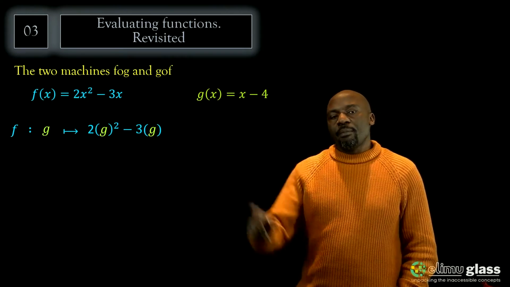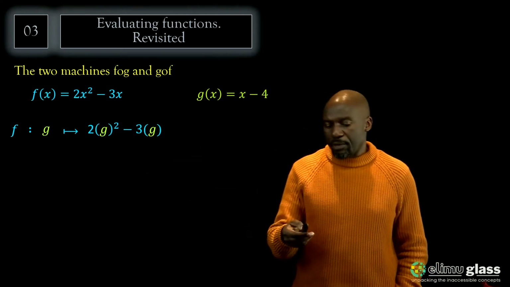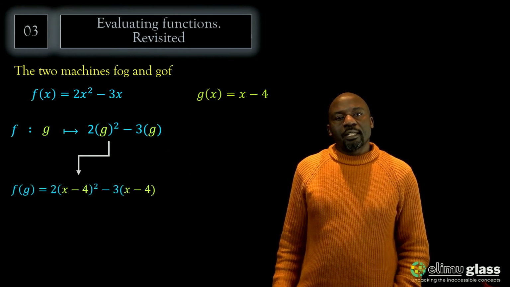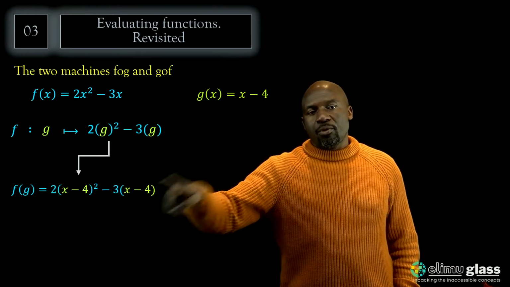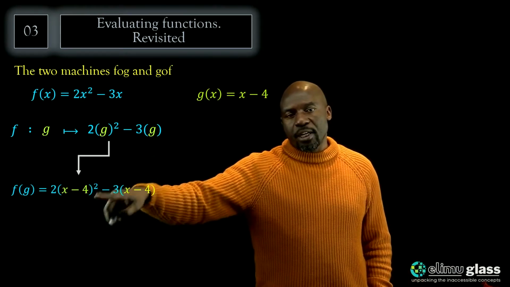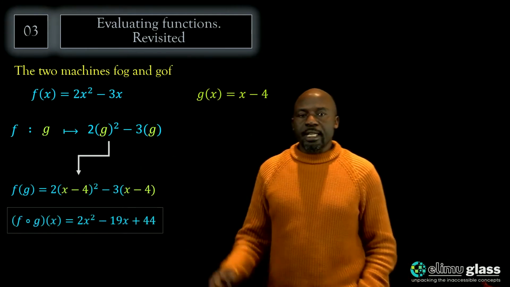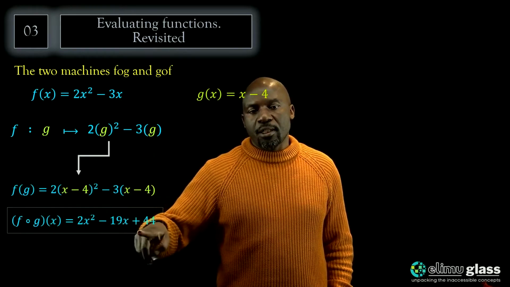But now we can remove the g and substitute the value of g there. And if we do that, we get f of g is 2 into, we are substituting in the values of g into the expression, and we end up with something like that.